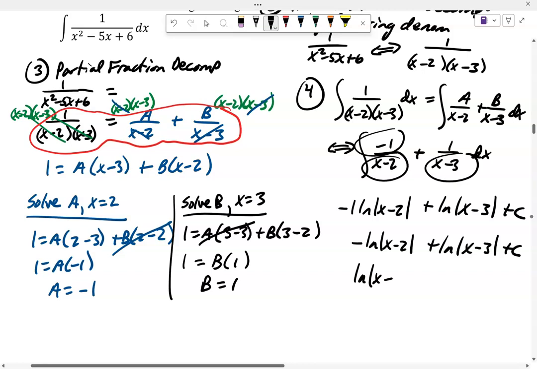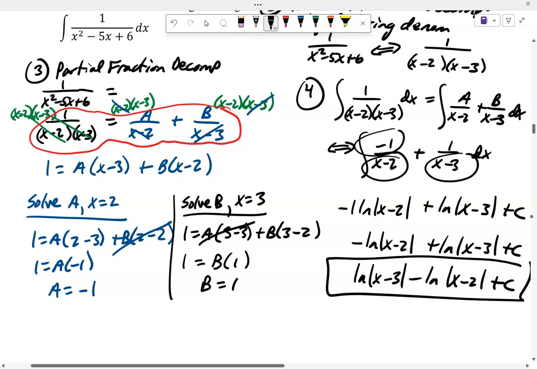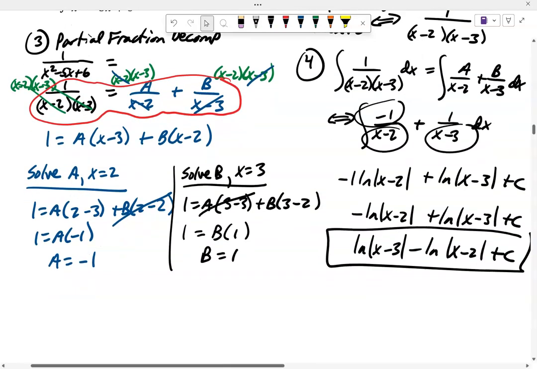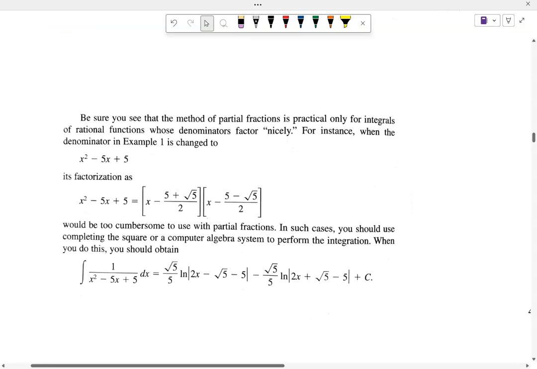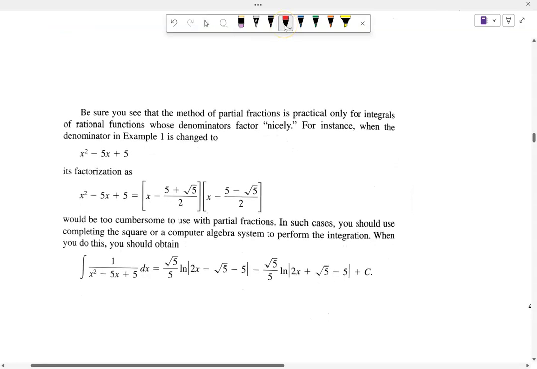Let me put this one first, and then let me subtract that. I have a little note here, you guys. Be sure you see this method, partial fractions, is practical only for integrals of rational functions whose denominators factor nicely.